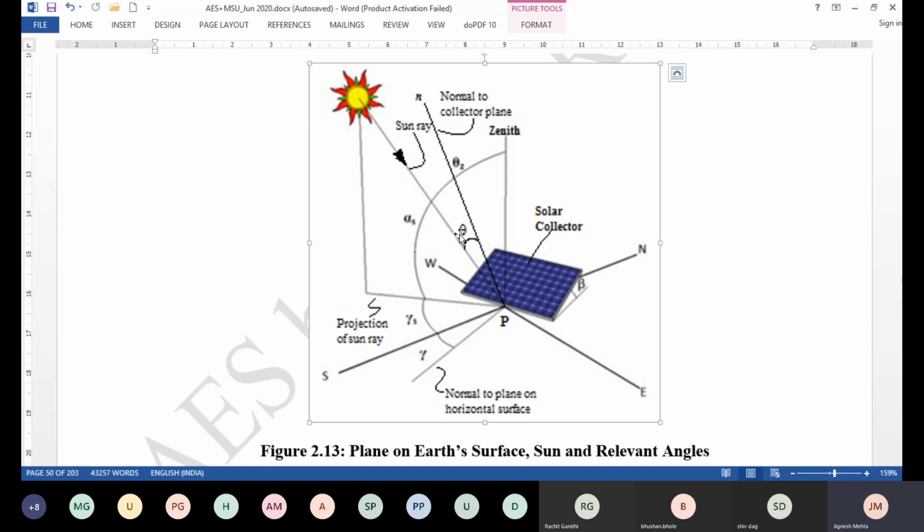That flexibility may be there, but normally perfect tracking of a solar collector is not done. It's not very common. It means that there will always be some angle between the normal to the collector and the sun ray.